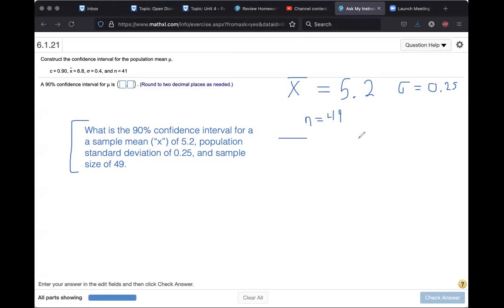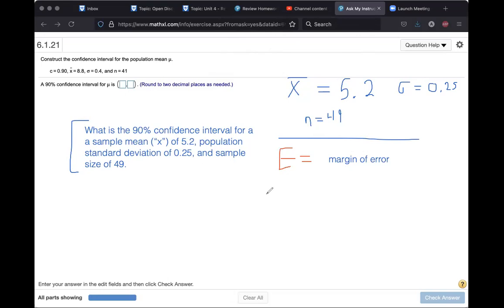Okay. The process for finding the confidence interval is basically you have to find the margin of error, which is denoted by the capital letter E. That's what we have to find.